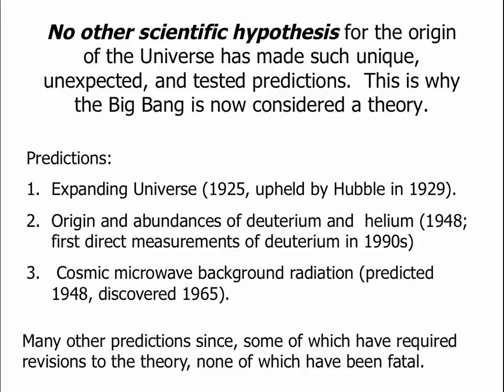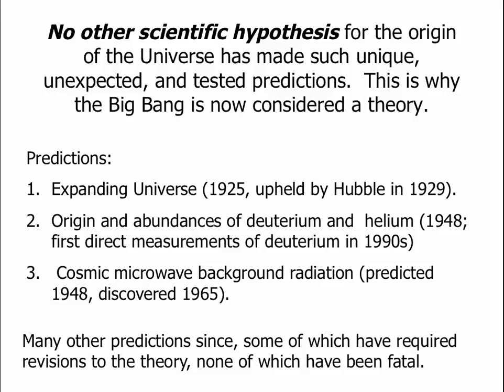So the three predictions we've covered so far: the expanding universe, that was the original prediction, and Hubble discovered that was indeed true. The abundances of elements, and especially of this isotope of hydrogen called deuterium, the predictions and calculations were made in the 1940s, and direct measurements are still being made that match these abundances.